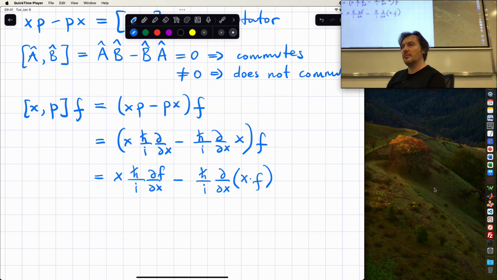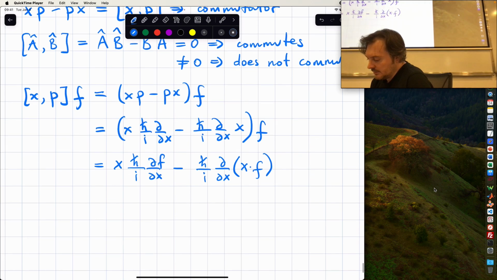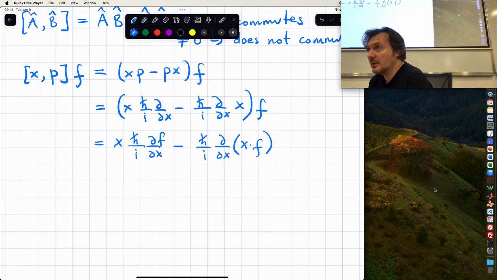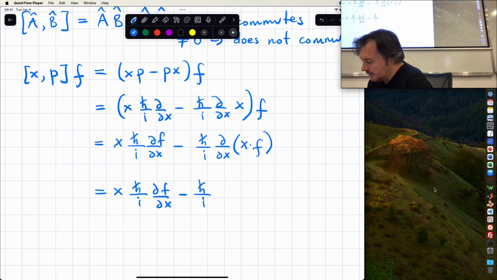Do you know how to deal with multiplication of two functions and taking the derivative? How do you do that? Yes. The derivative of the first one times the second one plus the derivative of the second one times the first one. So you have x h bar over i del f over del x minus h bar over i. The derivative of x is 1, so you just simply get f, right?